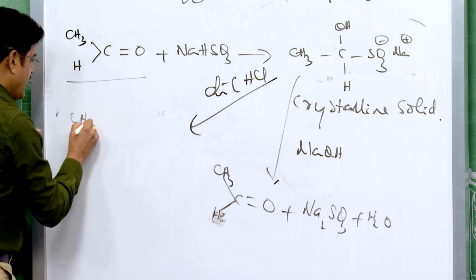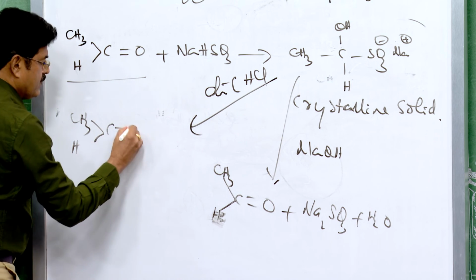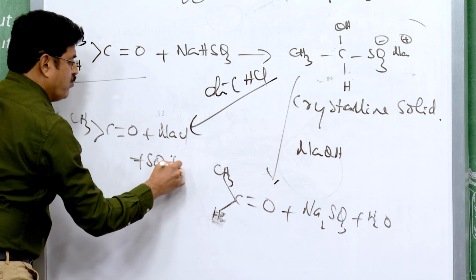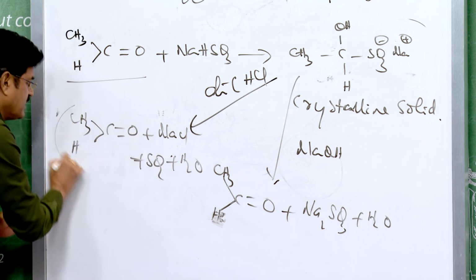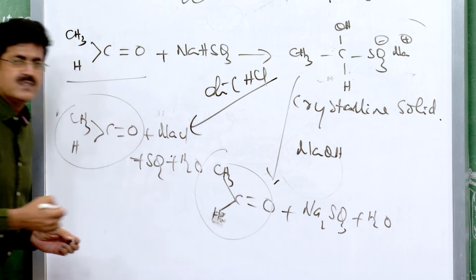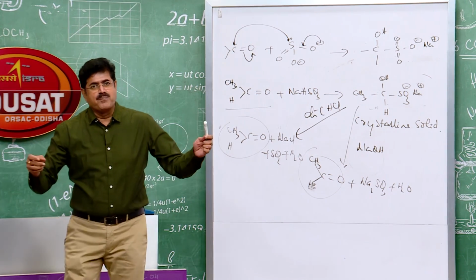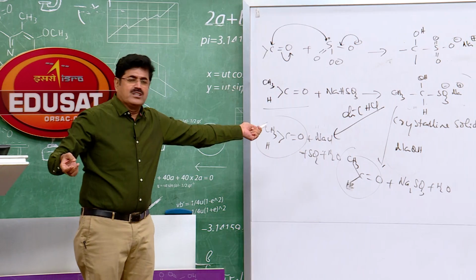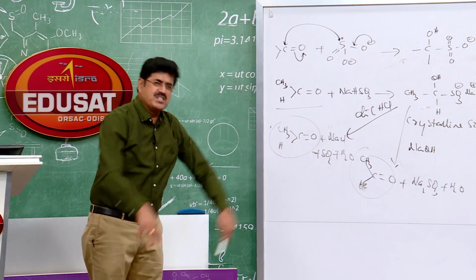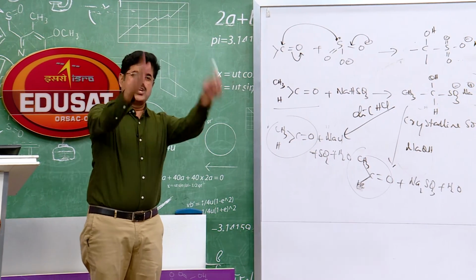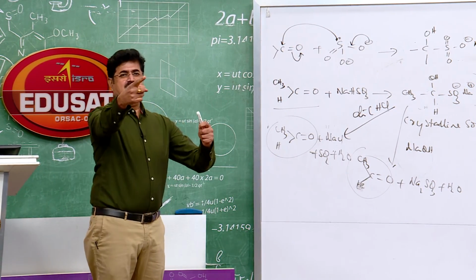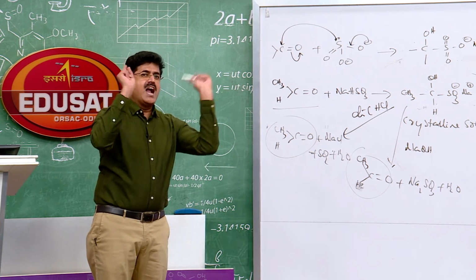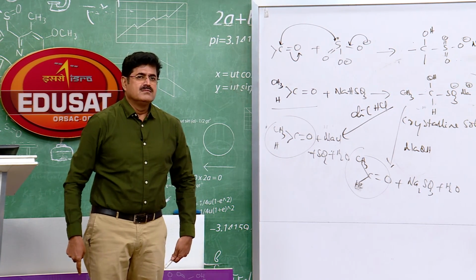Same thing here: acetaldehyde, NaCl, SO2 and water. So once again acetaldehyde. When this sodium bisulfite addition product is treated with dilute HCl or dilute alkali, it regenerates the original carbonyl compound. So this reaction can be used for purification and separation of aldehydes and ketones.